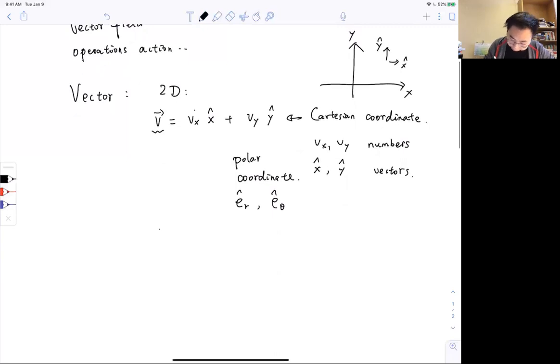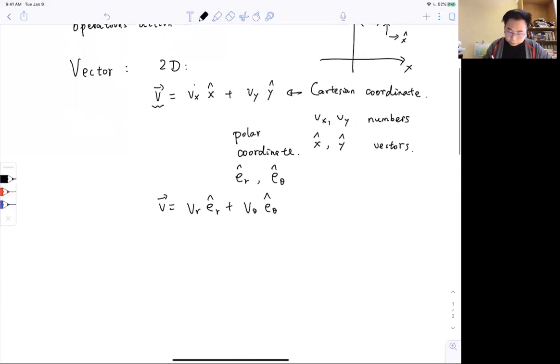In this case, the vector can be written like this. So generally speaking, a vector can be decomposed in any basis, right?